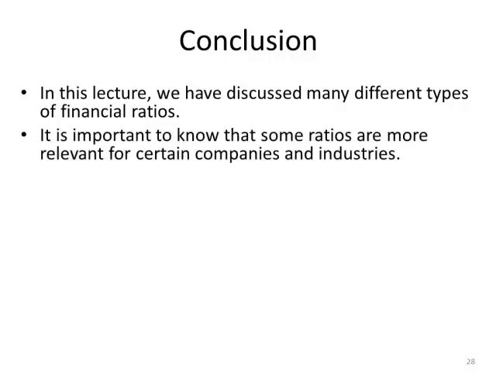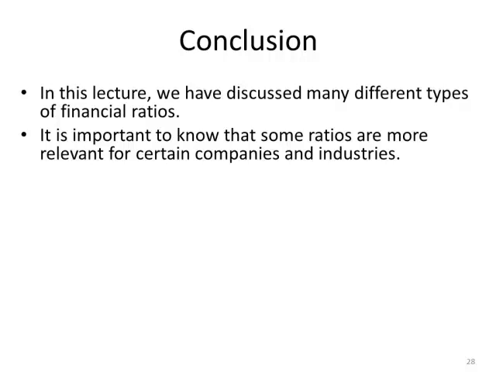Now this is a point that we mentioned earlier, but I just want to reiterate it. First of all, some ratios are more relevant for certain companies and industries. So, for example, when we're talking about ratios that look at how much fixed assets the company is using, like the fixed asset turnover, that's particularly relevant for companies that have a lot of fixed assets, so primarily manufacturing companies.